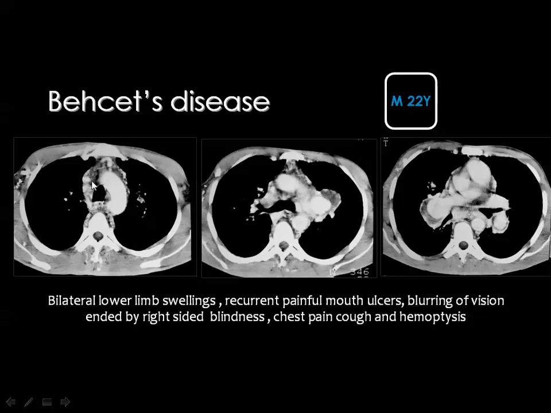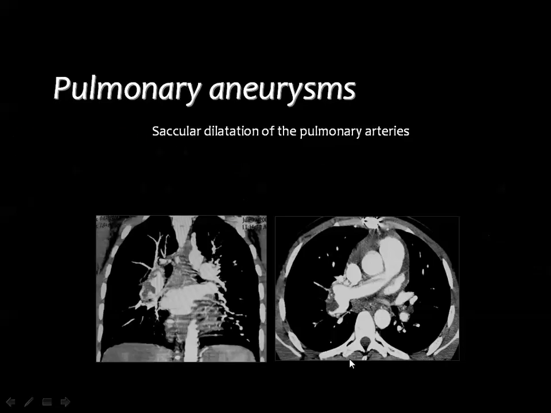You see the superior vena cava is thrombosed with collateral vessels in the mediastinum, and also the patient had bilateral pulmonary aneurysms with mural thrombosis on the right and on the left as well.